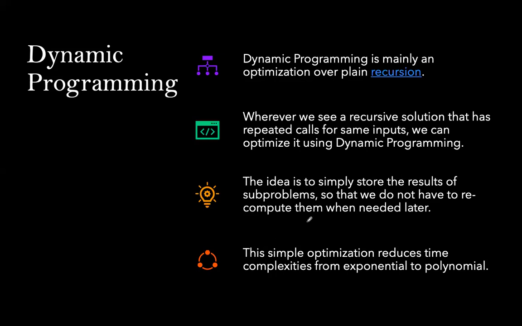If you do like that, this optimization reduces time complexity from exponential to polynomial. So if you apply the dynamic approach, there will be a huge improvement in time complexity. So that's all about dynamic programming. We shall see with an example.